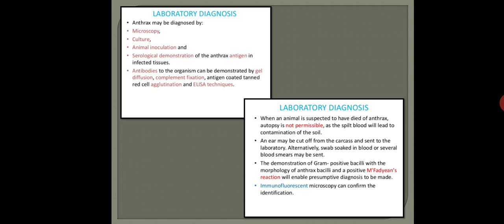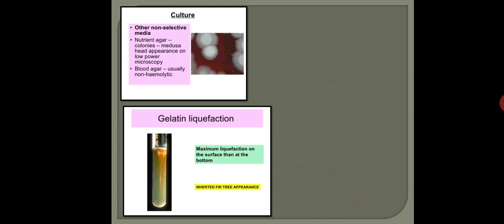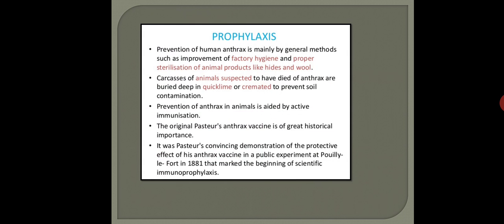In this technique, specific antibodies against that disease are detected by using sheep red blood cells, sheep RBCs, and antigen antibody. So these are some techniques for the diagnosis of Bacillus anthracis.